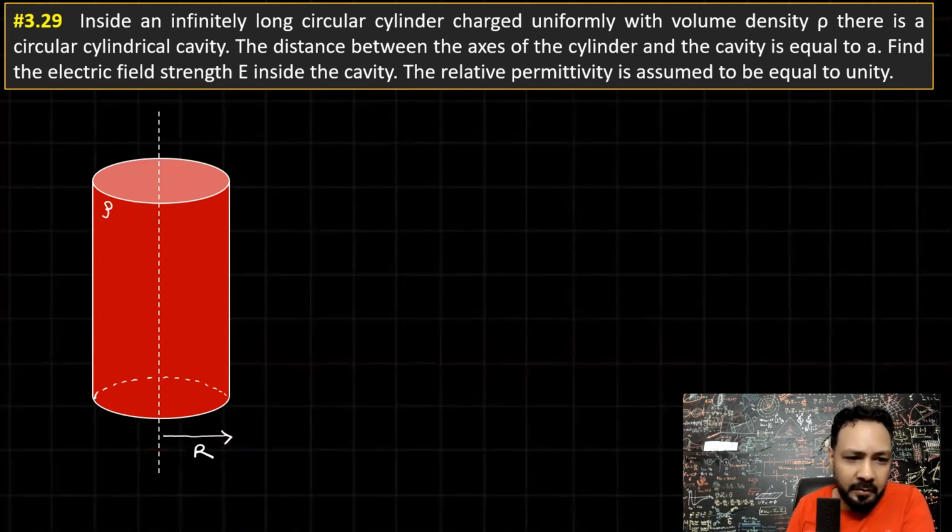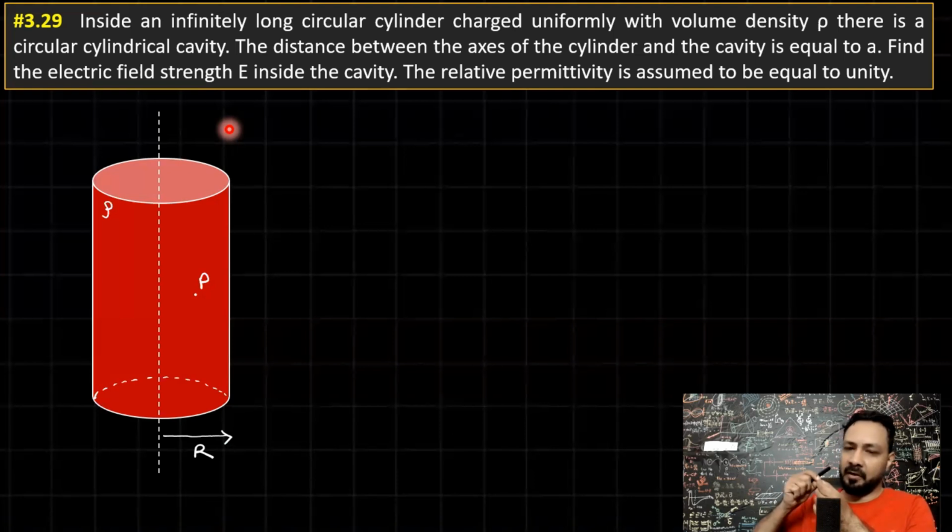I want to find the electric field at a general point, say point P, and before going ahead, I will define my radial direction. Because it is a cylinder, the radial direction is perpendicular to the axis at any point like this. Unlike in the spherical coordinate system, where the directions are with respect to the origin.